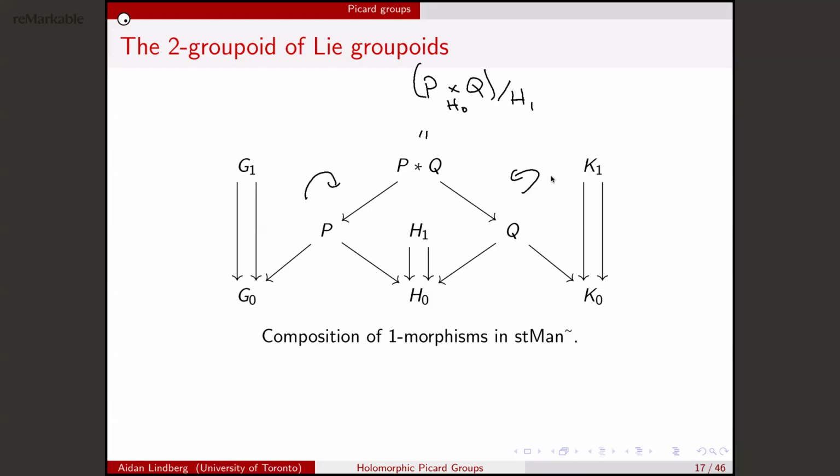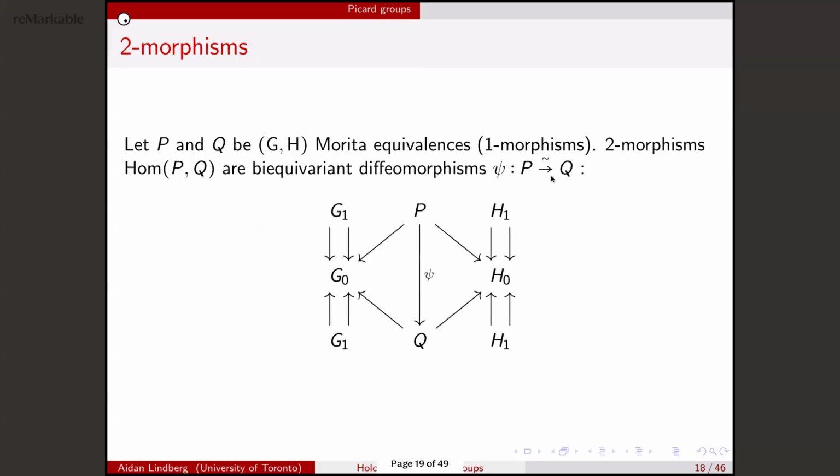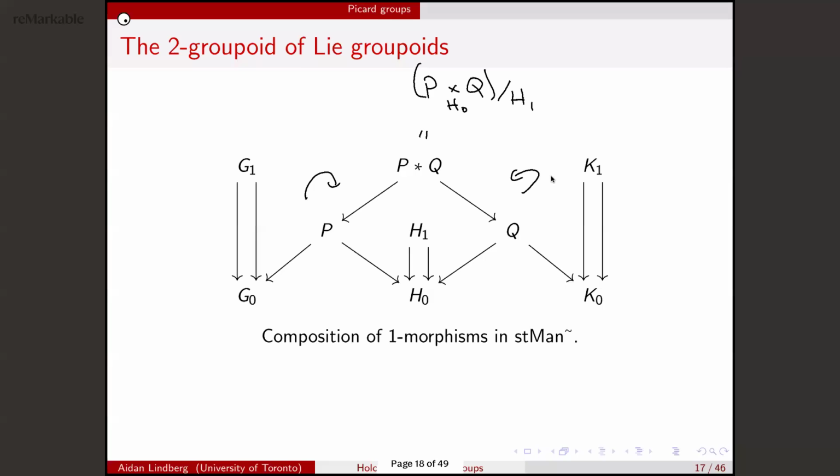Okay, cool. Now I'll tell you what the two morphisms are. Sorry, I did have a question. Yeah. So we quotient out on H1, that's like something like that. Like you're not pushing, it's like H1 is like a group that acts kind of. Yeah, I guess I'm imposing like a smooth equivalence relation on the points in this manifold.